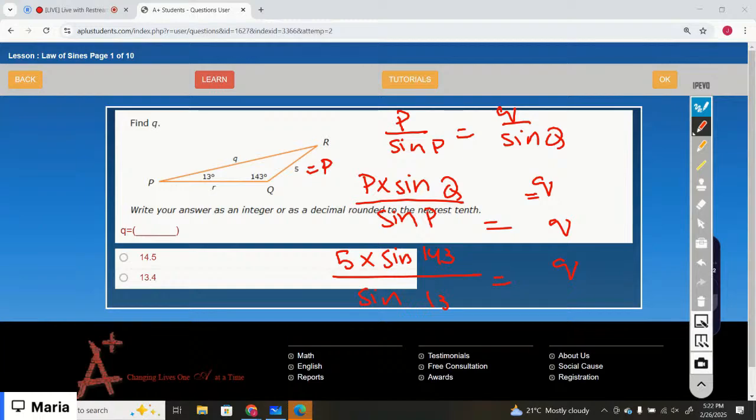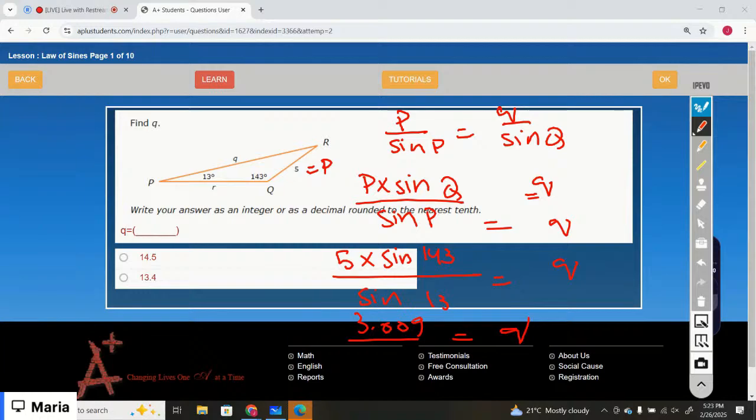Now I'm going to calculate the values. Sine 143 equals 0.601, times 5, that is 3.009, divided by sine 13.